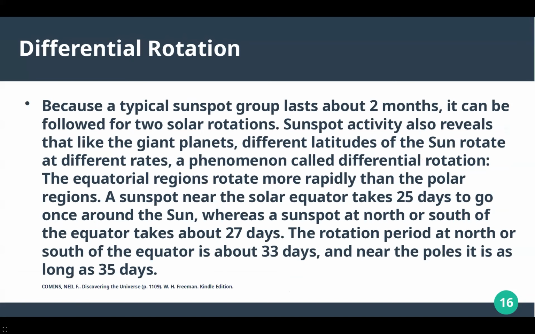Sunspot activity also reveals that, like latitudes on Earth, different latitudes of the sun rotate at different rates, a phenomenon called differential rotation. The equatorial regions rotate more rapidly than the polar regions. A sunspot near the solar equator takes 25 days to go around, whereas one near the pole takes as long as 35 days.